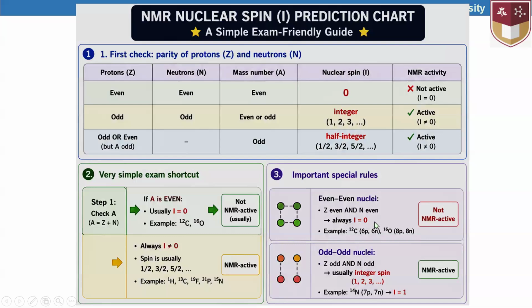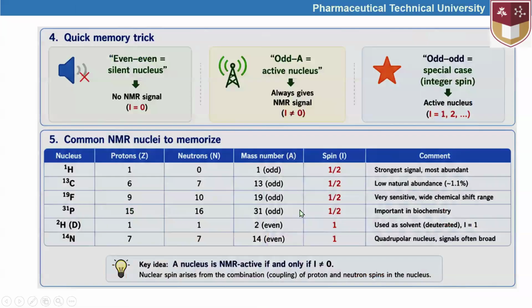If it equals 0, those atoms like carbon 12 and oxygen 16 are NMR inactive. If I does not equal 0, they are NMR active. Here we can understand more about them.